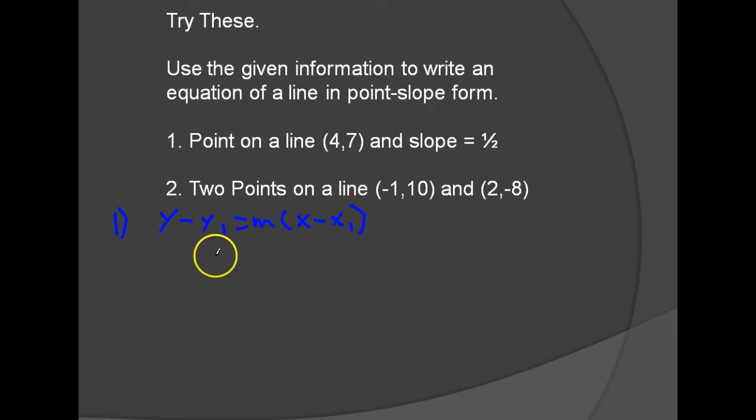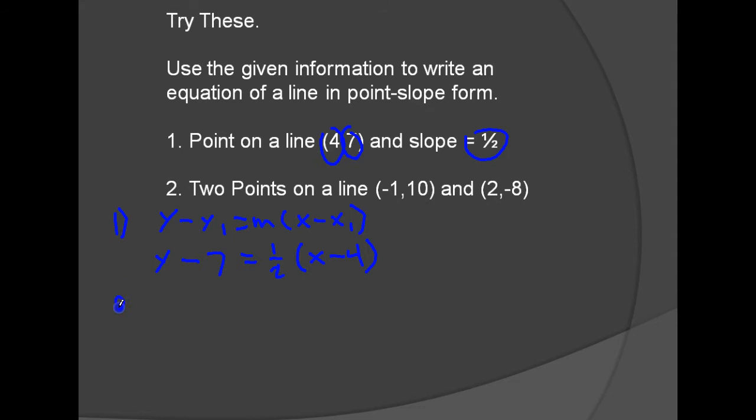So I'm just substituting in my x and y values for y1 and x1 and my slope for m. y minus 7, because that's my y value, equals m, 1/2 is my slope, times the quantity x minus my x value is 4. And then bam, that problem is done.